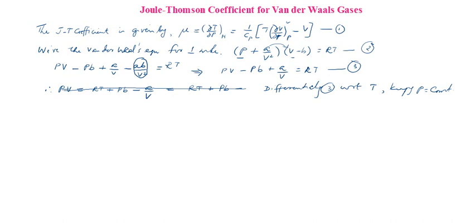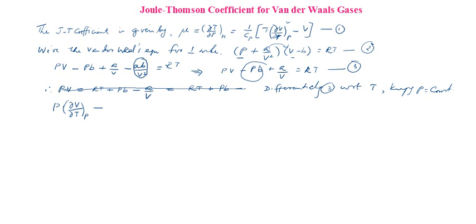It will give you P into dou V by dou T at P. The second term, as I told you, this PB term on differentiating will vanish, that's equal to 0.